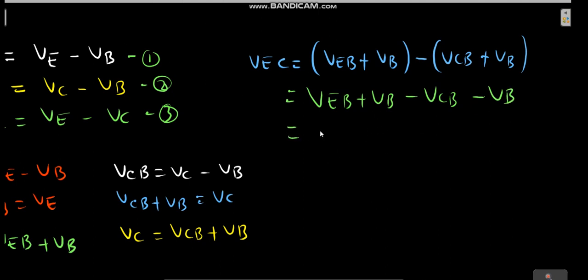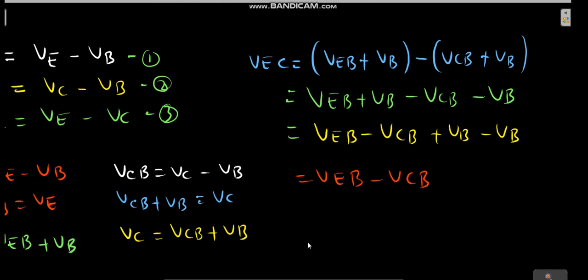So we have VEB minus VCB, and then plus VB minus VB. And then I'll have VEB minus VCB. So therefore we see that VEC equals VEB minus VCB.